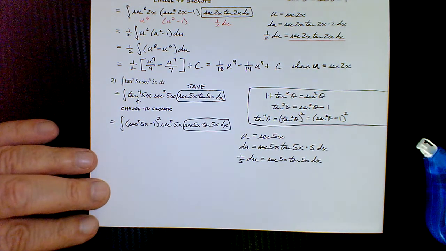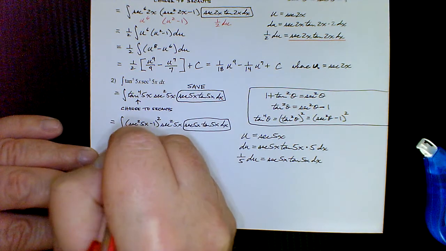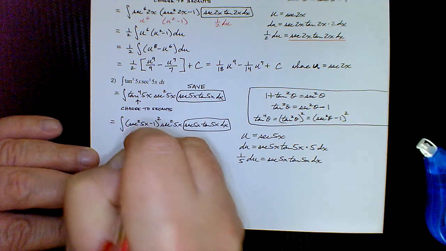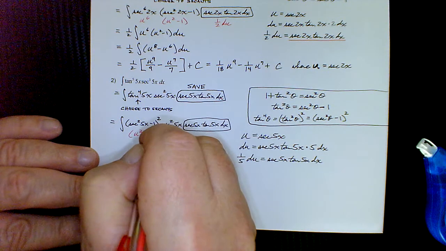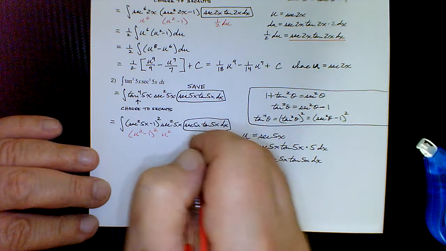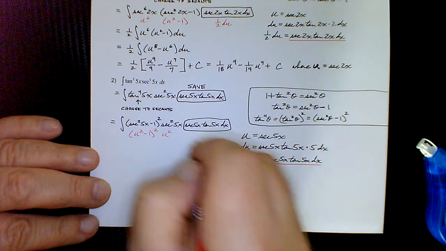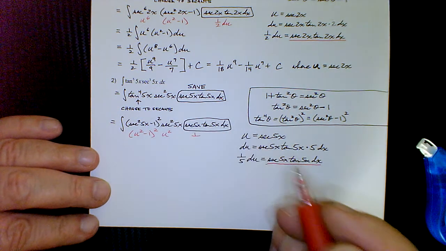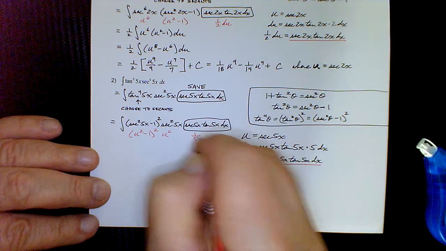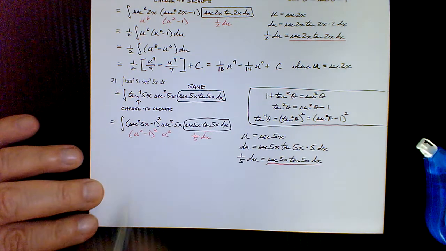And now we go back to the integral. And we have u as secant, so here's u squared minus 1, as a quantity squared, then times u squared, and then the secant 5x tangent 5x dx makes up 1/5 du. So all factors are accounted for.